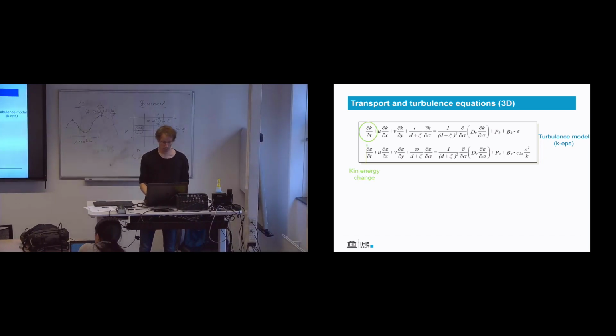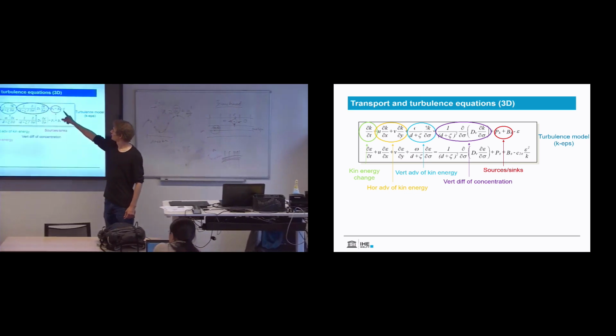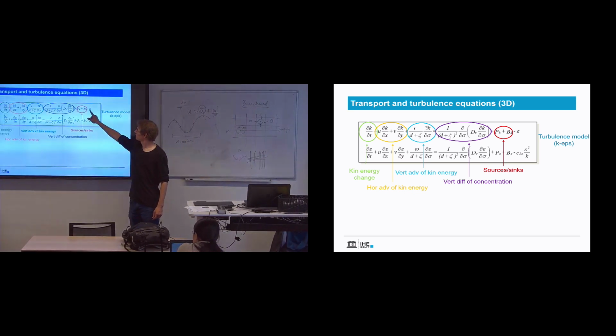dissipation. So what we're looking at again in terms of structure of the equation is that the first term is the change in kinetic energy. We have horizontal advection, we have vertical advection of energy. Then we have vertical diffusion, and we have production terms and buoyancy terms. And then you see that this provides the connection between these two, just as the K here, between these two equations.